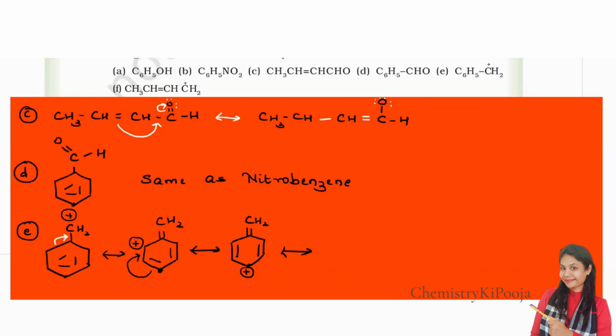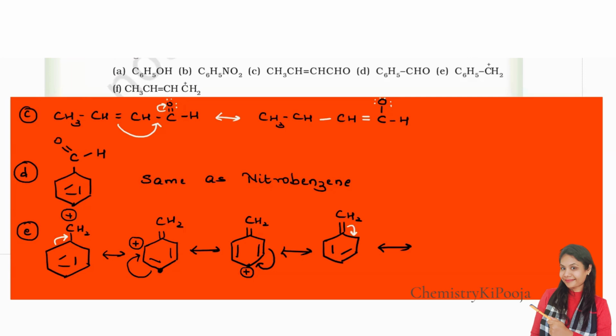Now coming to the next one. We are left with this bond, and this bond will shift over here. This plus and minus will combine to give a bond, so I have directly shown the shifting. Here will be a double bond, and this is CH2. Lastly, we need one more bond inside the ring. From where will that bond come? The bond will come from here, it will come back.